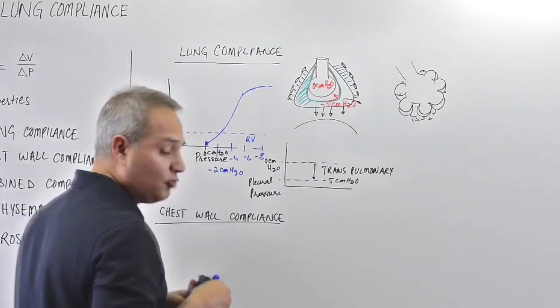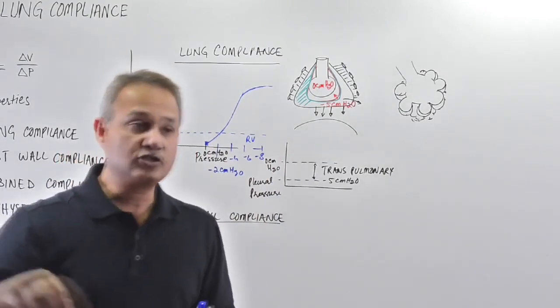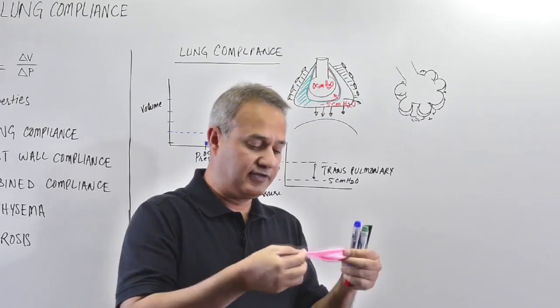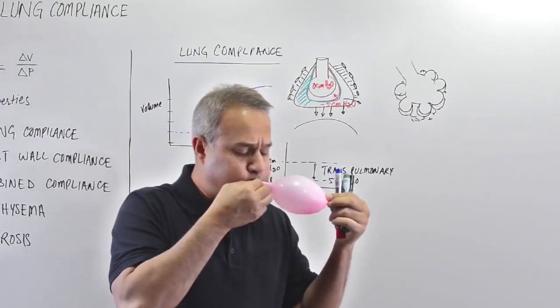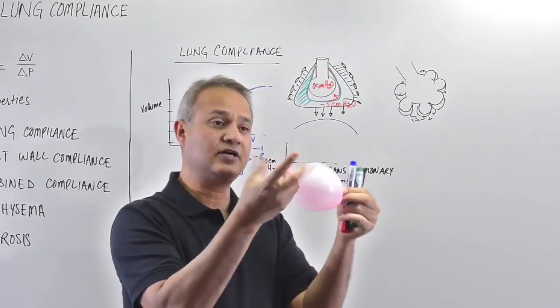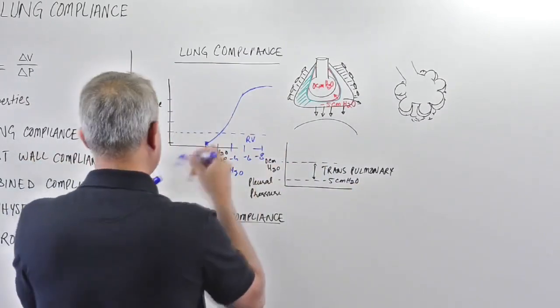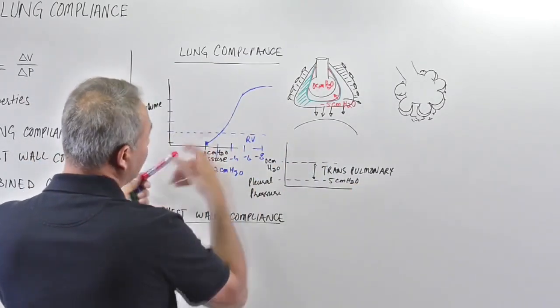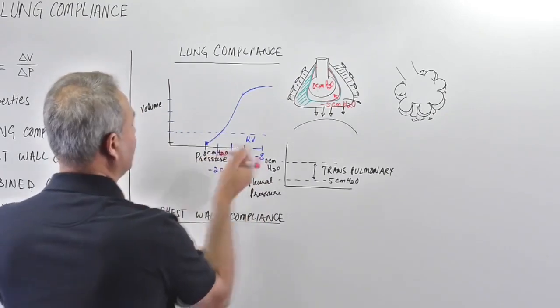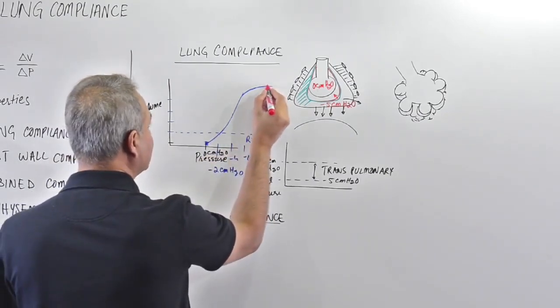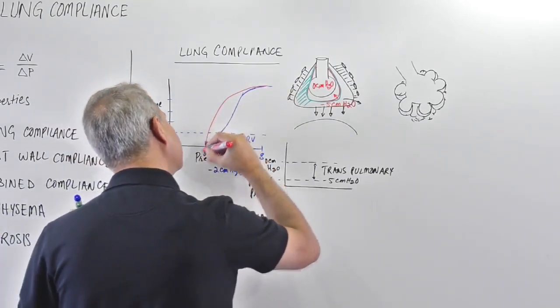Okay? Now if I allow the inflated lung to deflate, the lungs will not deflate along the same path again. Instead, they deflate like this.